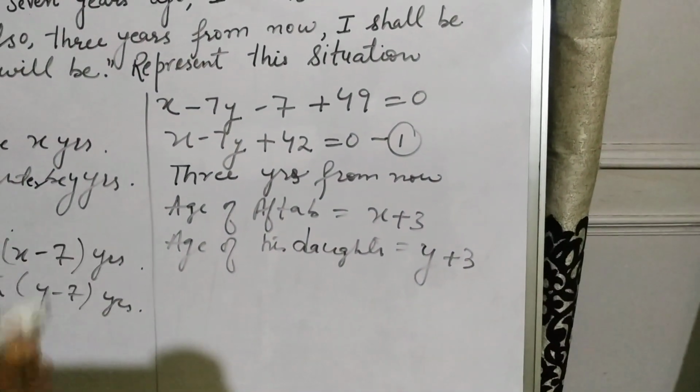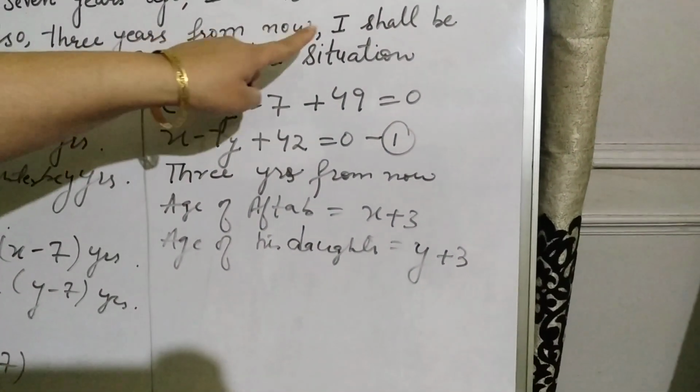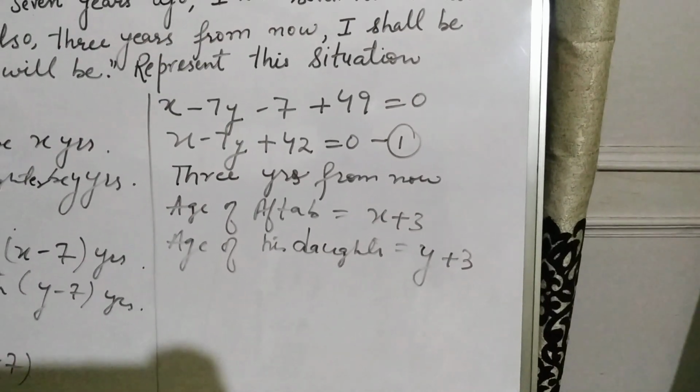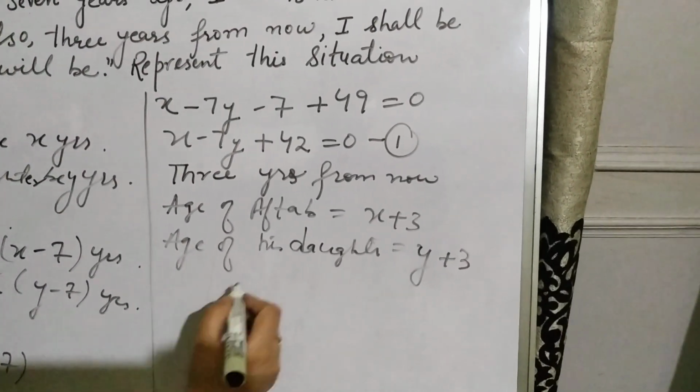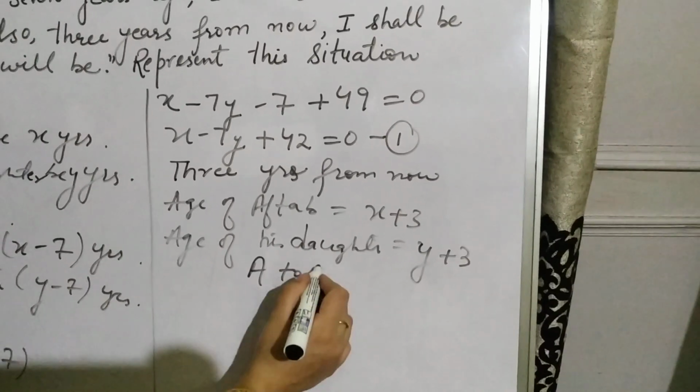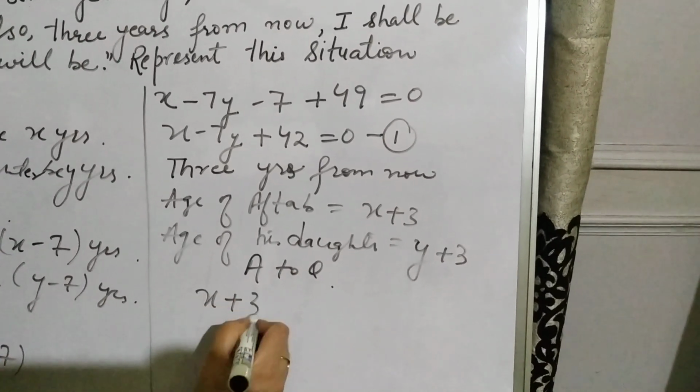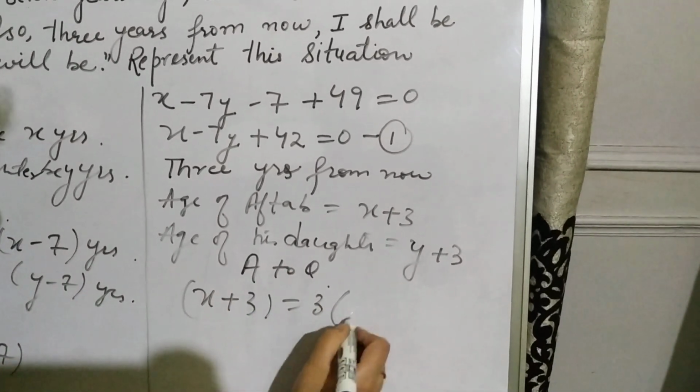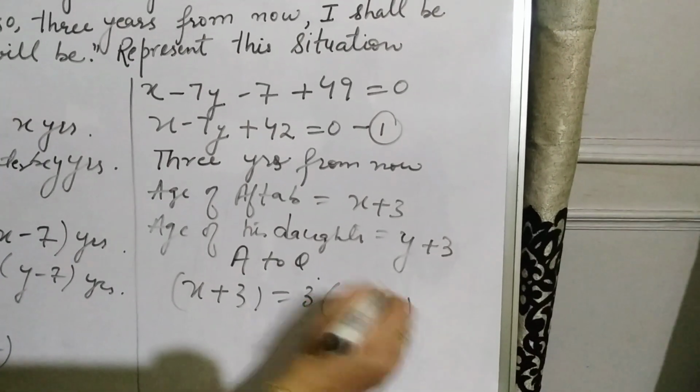Now according to the situation, also 3 years from now, I shall be 3 times as old as you will be. So according to equation, x plus 3, age of Aftab, will be 3 times age of his daughter.